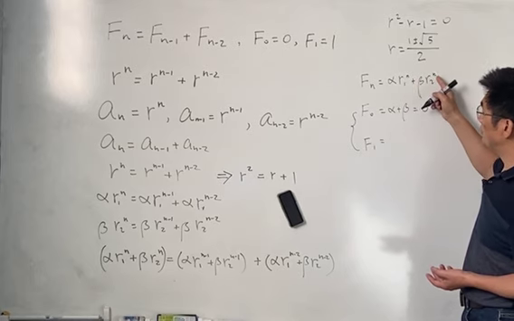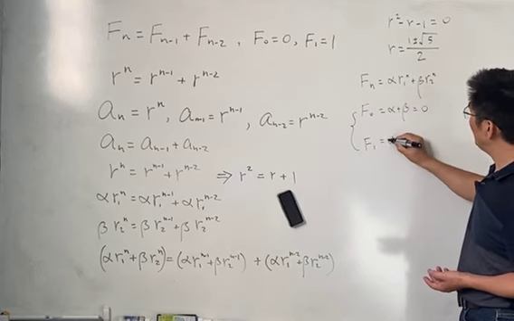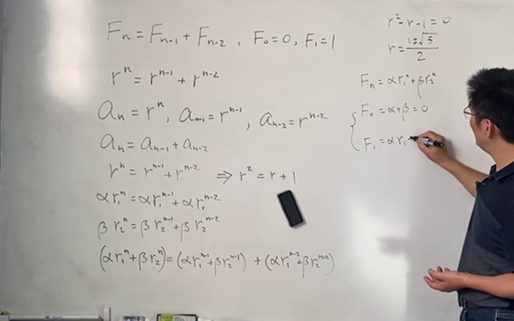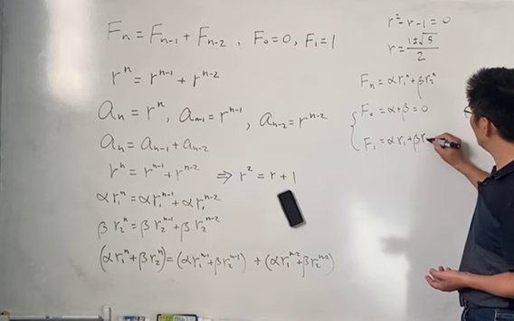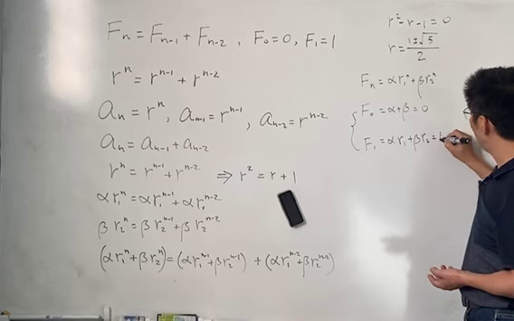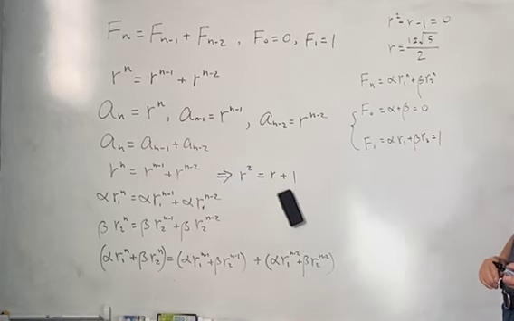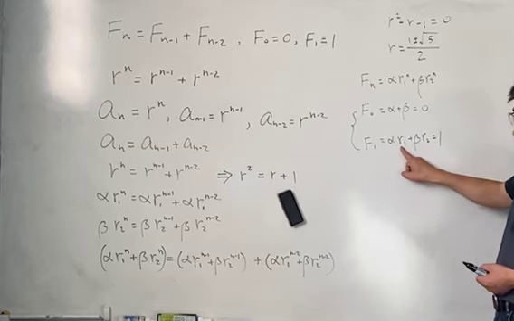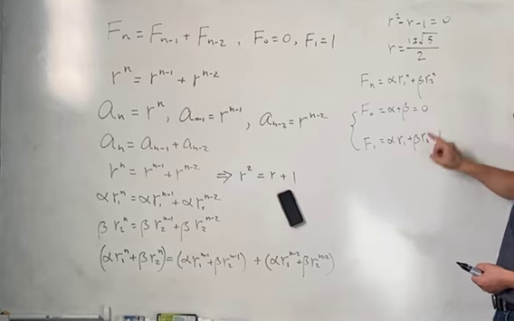When n is 1, you get alpha r sub 1 plus beta r sub 2, which equals 1. So we know this value.